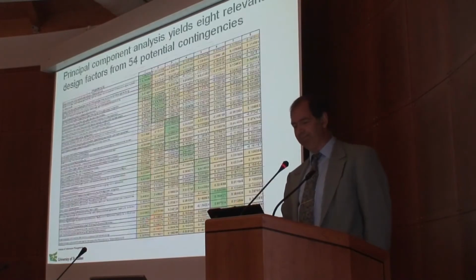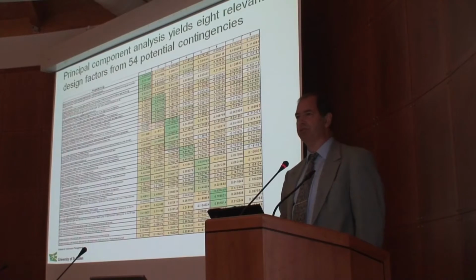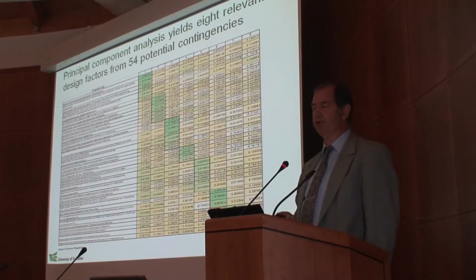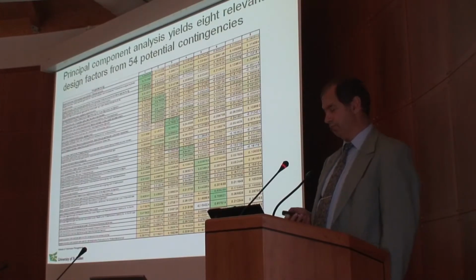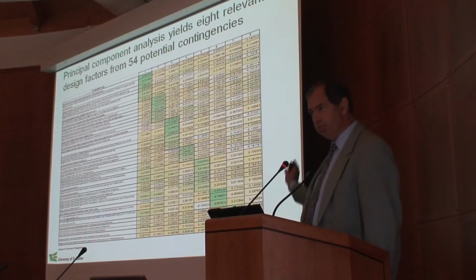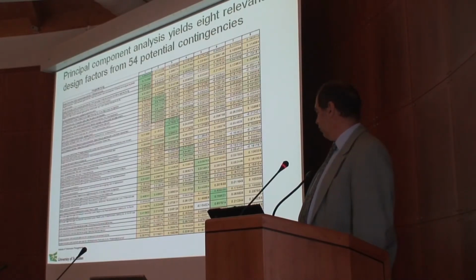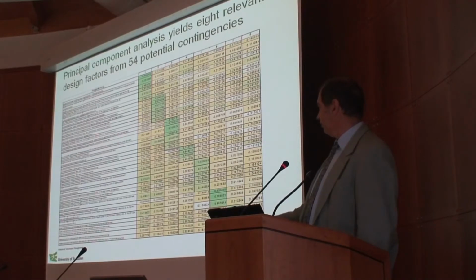So looking at the data, principal component analysis helps to identify what really has an influence. So what we here see is the 54 suspected influences. You can't read them, they're in German. Don't care. So here we have the potential influential factors.